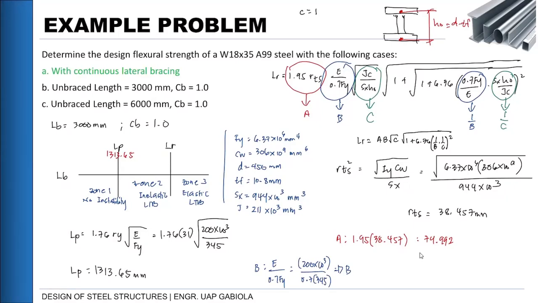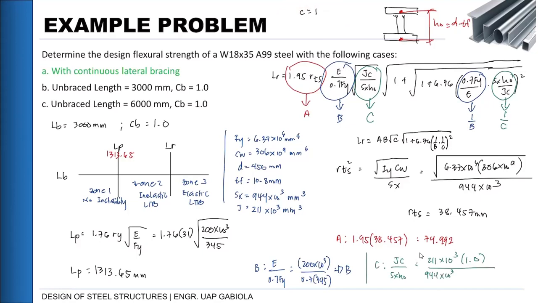Next, letter C. C natin is J times C all over SXHO. So, ang J natin is 211 times 10 to the 3. Times C natin, according dun sa NSCP natin, 1.0 for I shape. All over SX natin, 944 times 10 to the 3.